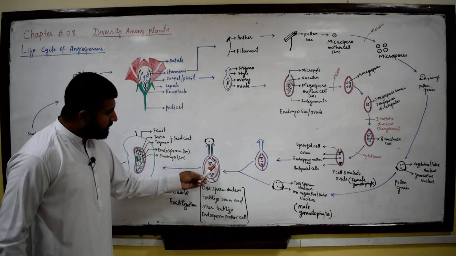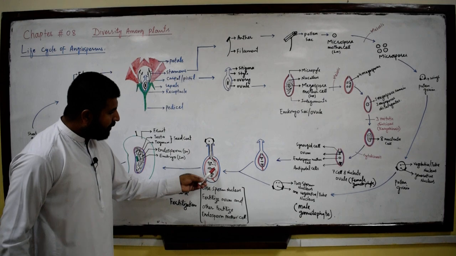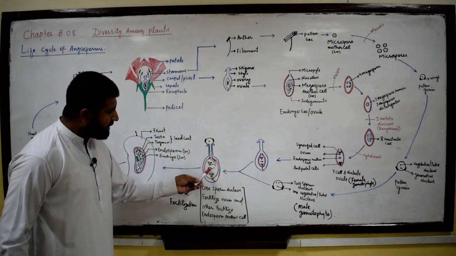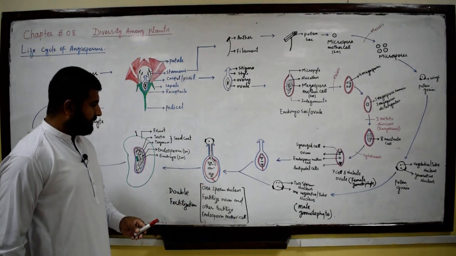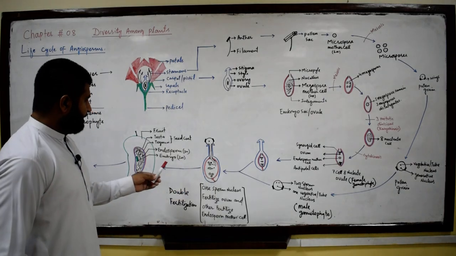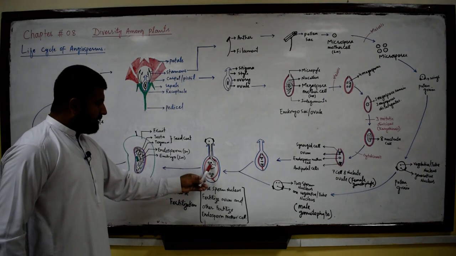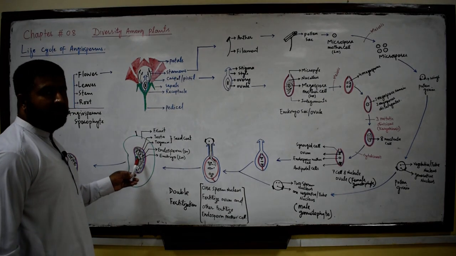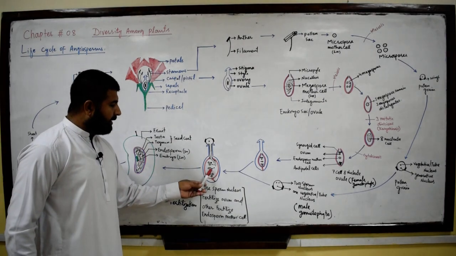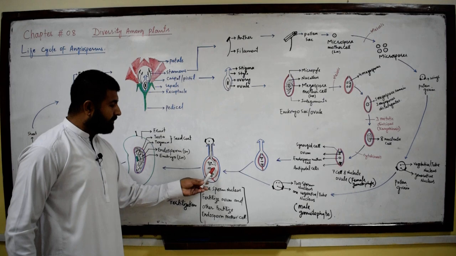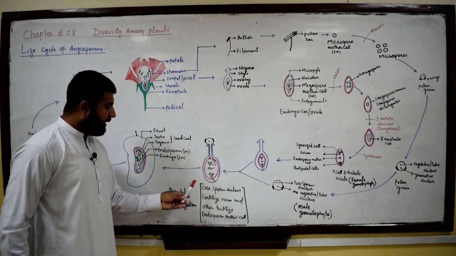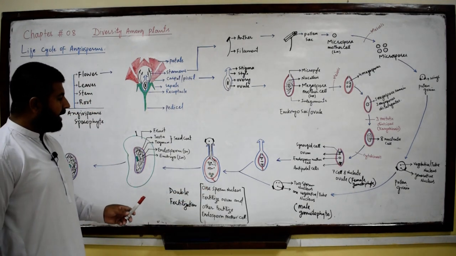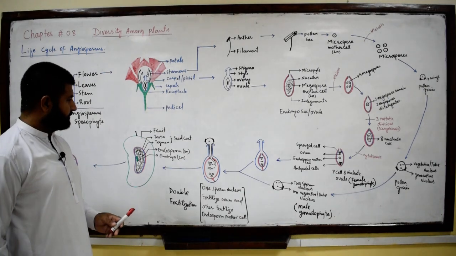One sperm nucleus fertilizes the ovum while the other fertilizes the endosperm mother cell. Here the zygote is formed, which then develops into the embryo, and the endosperm mother cell upon fertilization produces the endosperm, which is a triploid structure.